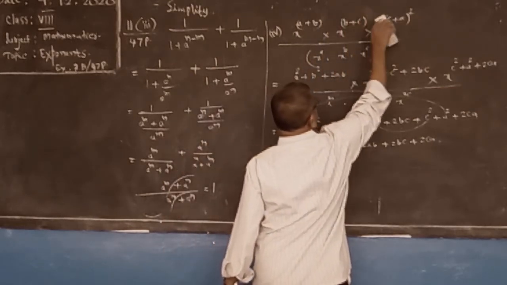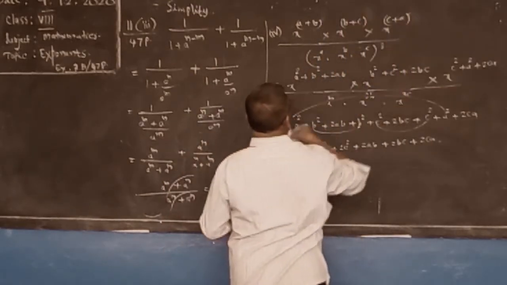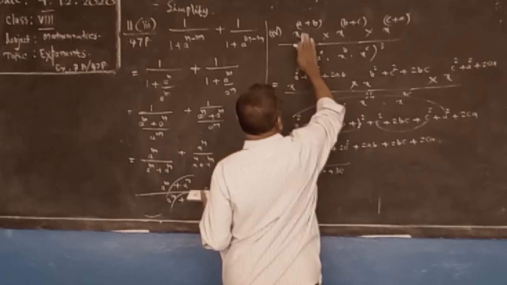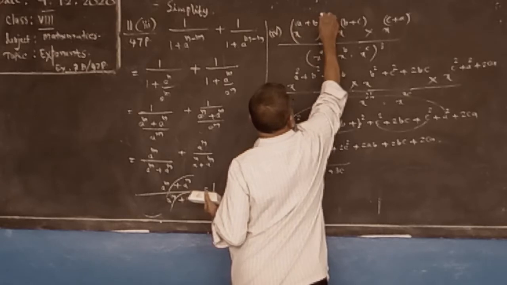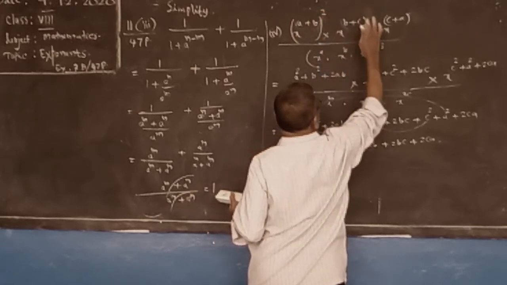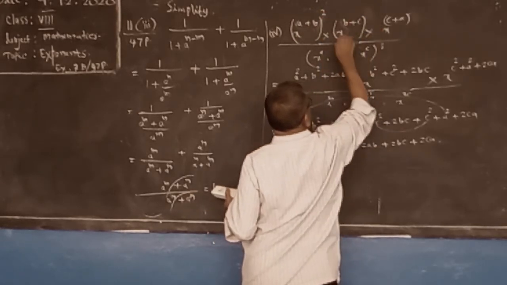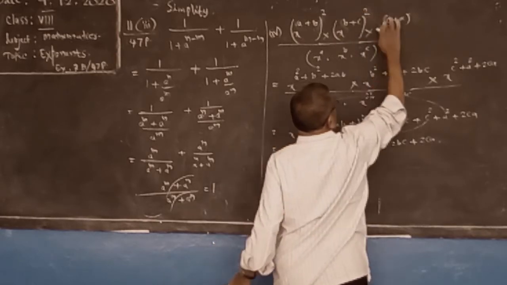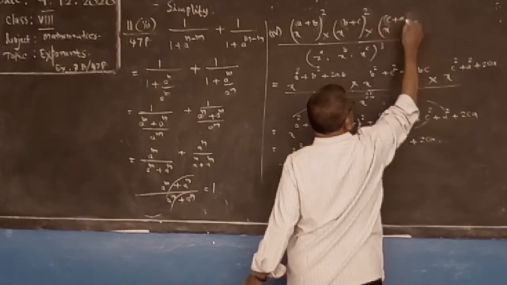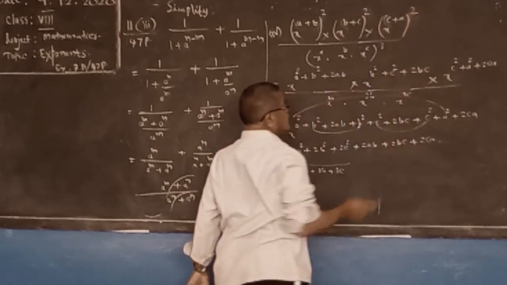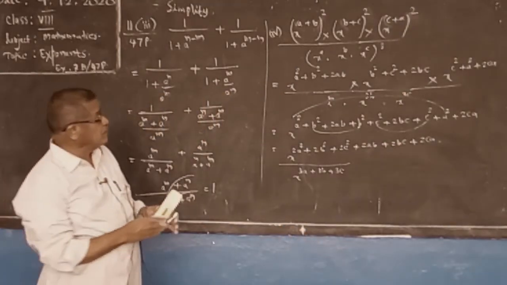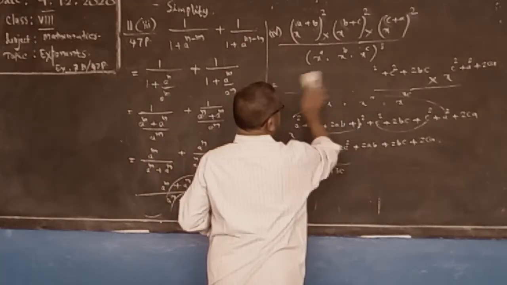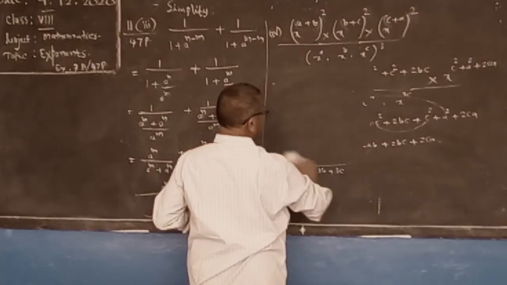Question wrong. We are given brackets square, brackets square, brackets square. Our power to power, multiply. It won't come under a plus b whole square, b plus c whole square.